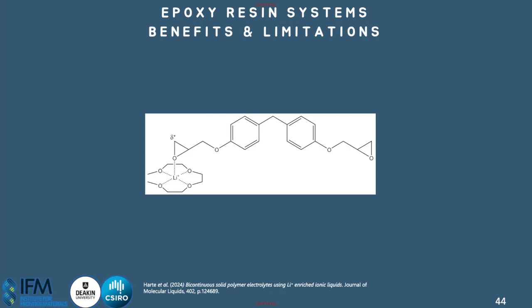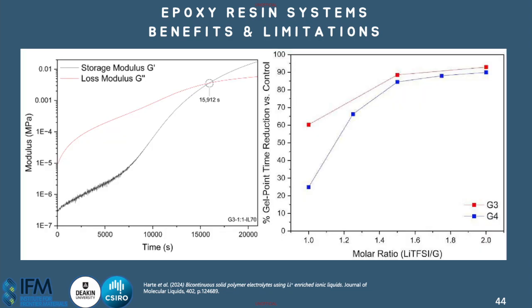The solvate ionic liquid actually catalyzes the curing of the epoxy resin systems, and does this by assisting in the ring opening reactions of the epoxy resin. I assessed this in a paper where we looked at using rheology.